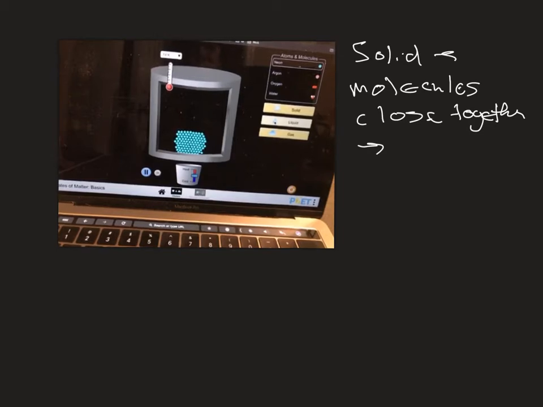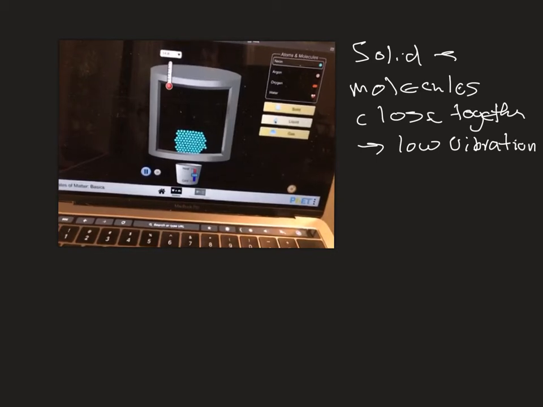And they aren't really moving around much. So we have a low velocity or low vibration. And one of the key things to know about a solid is that solids have a definite shape and volume.